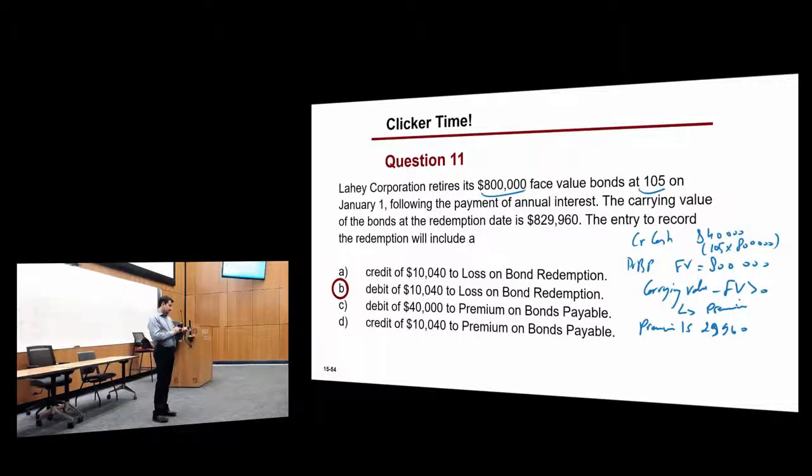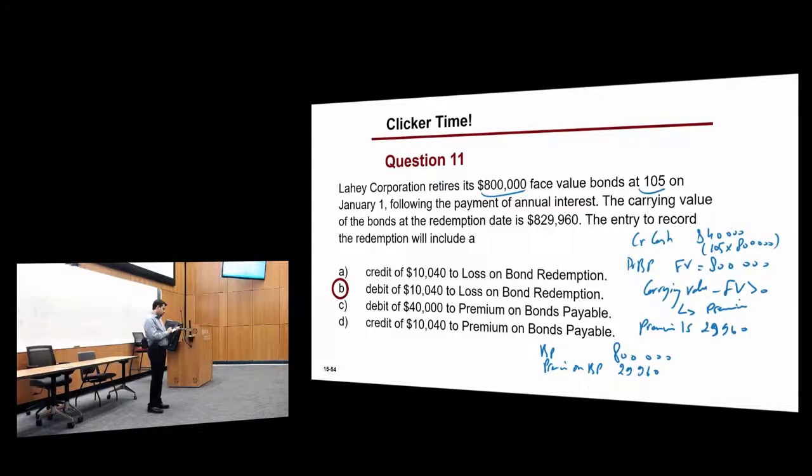The journal entry would be to debit bonds payable 800,000. Okay? What else? Debit premium on bonds payable, 29,960. So that's the carrying value.